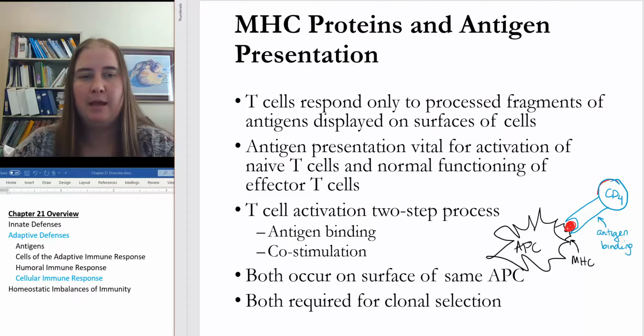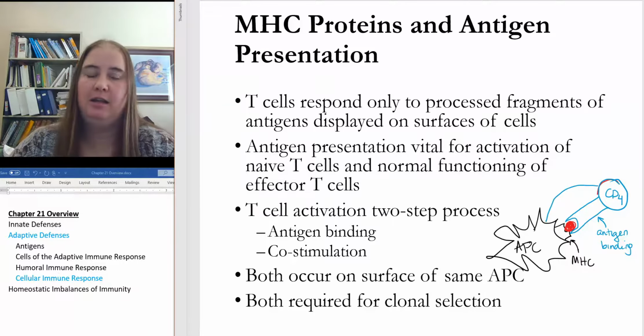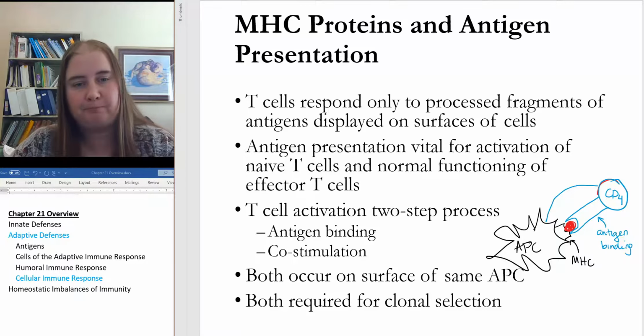But it also has to have another kind of safeguard in that it's going to put out a protein and verify with the APC that this is really what we want to do. So this is our co-stimulation.